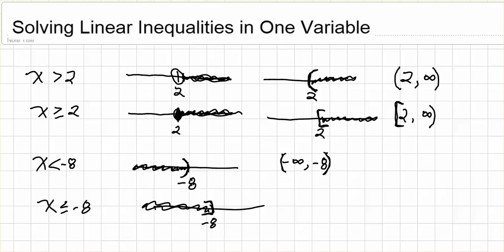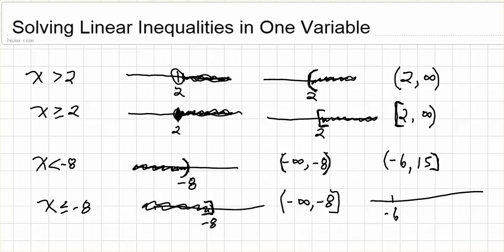And then the last one, again, minus infinity comes in from the left. Negative 8 is the bounding, but we're going to use a bracket. If I gave you an example, let's say parenthesis negative 6, comma, 15, bracket, we can write this and we can plot this on the number line.